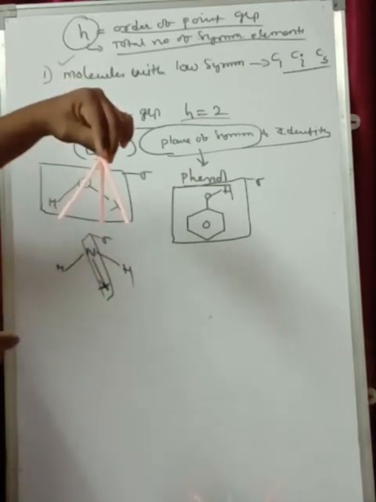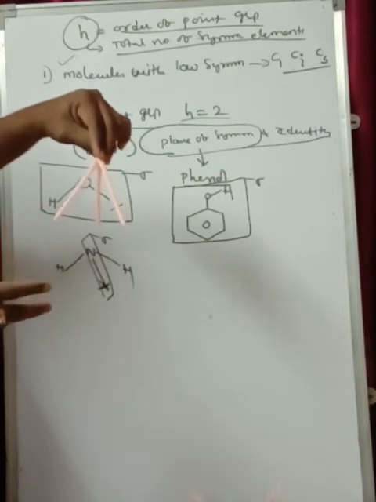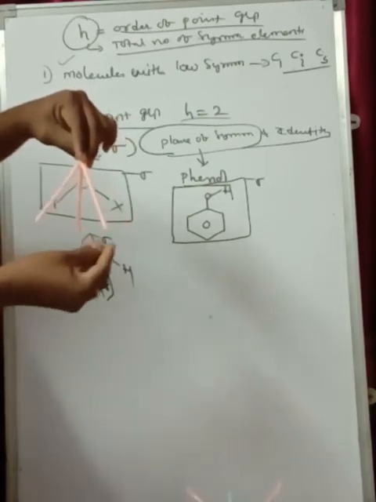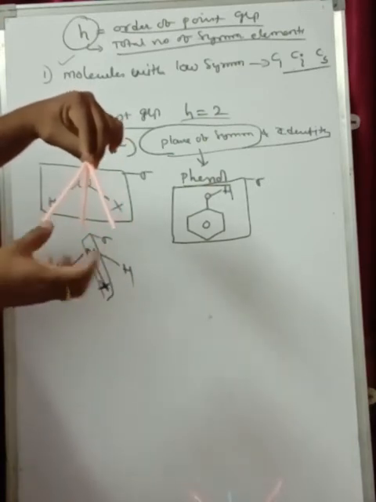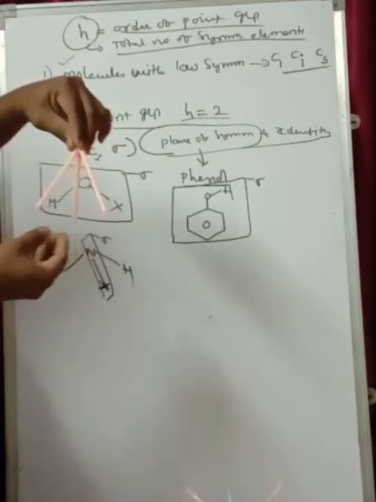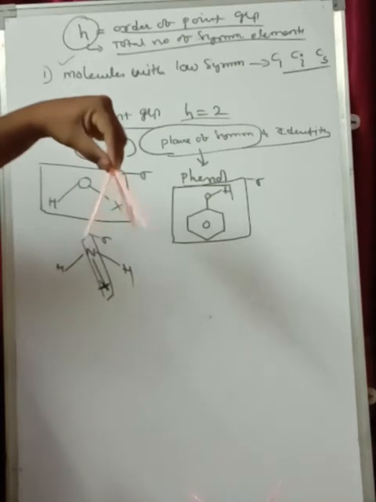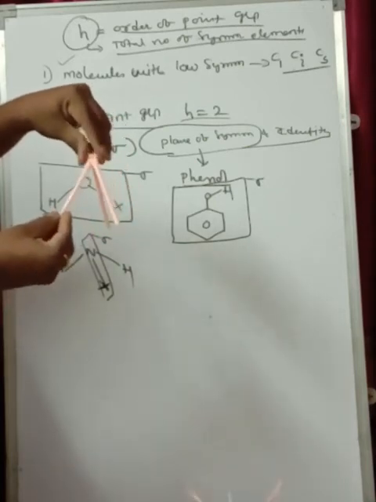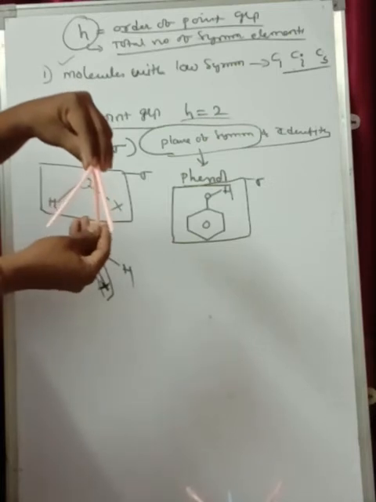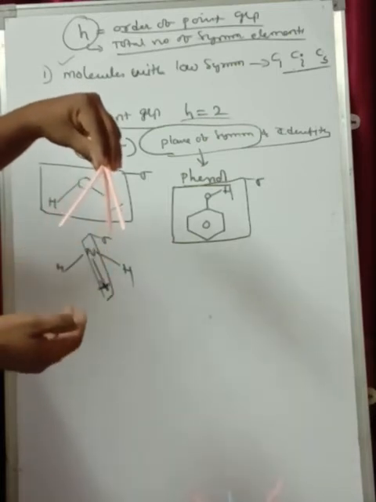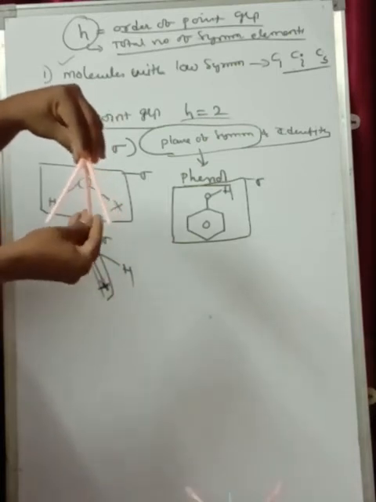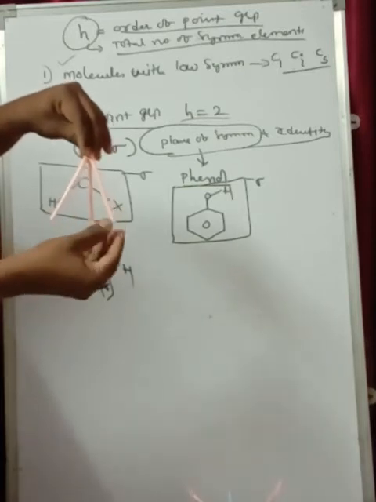Whereas the C3 rotational axis of symmetry is absent, because in the case of ammonia, nitrogen is attached to three hydrogens. So on rotation of every 120 degrees, you get what? An equivalent structure. But here one of the hydrogens is replaced by X. That rotation is not possible, because, assume this is the X and these two are the hydrogens.